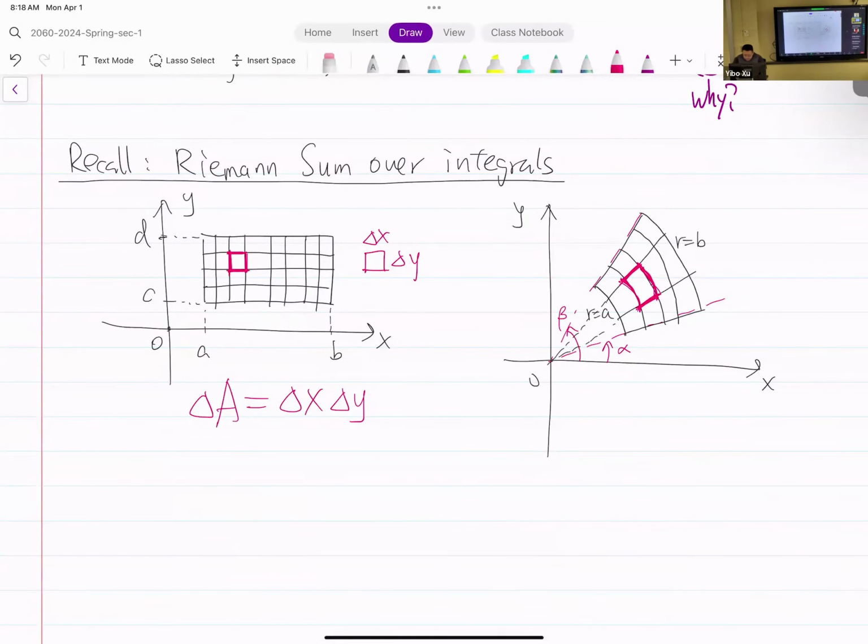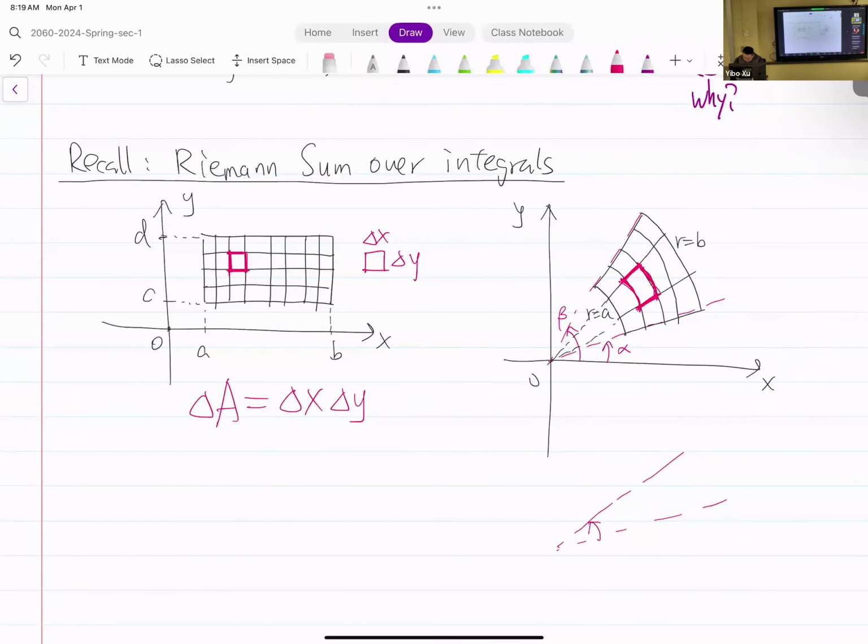Now the dA is a little bit different from the left-hand side, because if you think about it, we have the r and the theta, where the theta is the small increment in the angle. That gives you an angle like this.